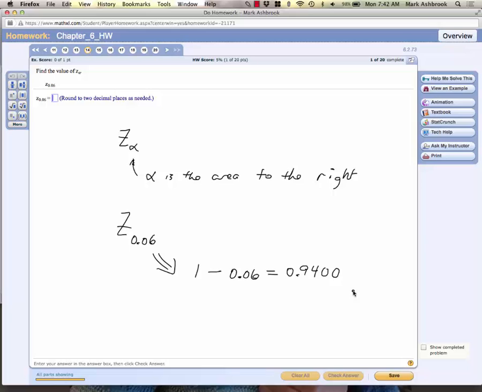We're trying to figure out what z-score gives an area of 0.9400. Anybody got it? Look in your table. Just pick the closest one.